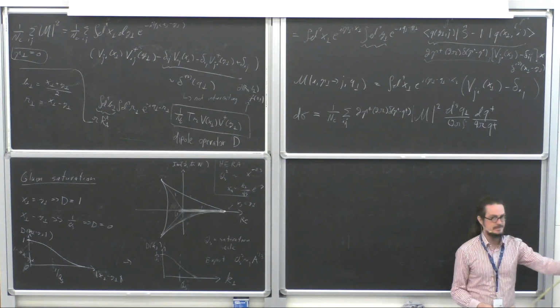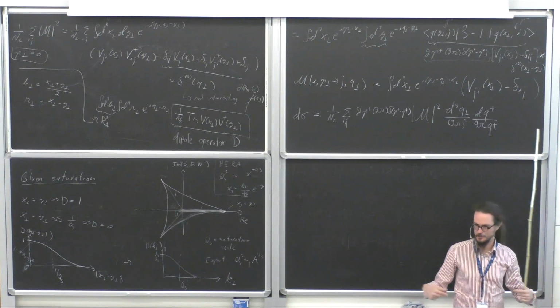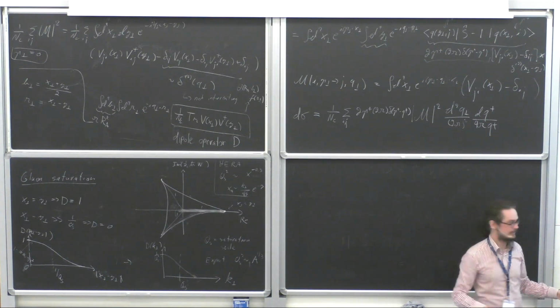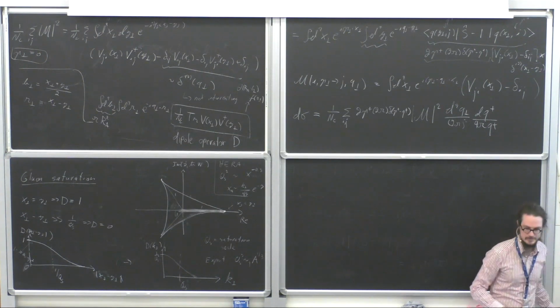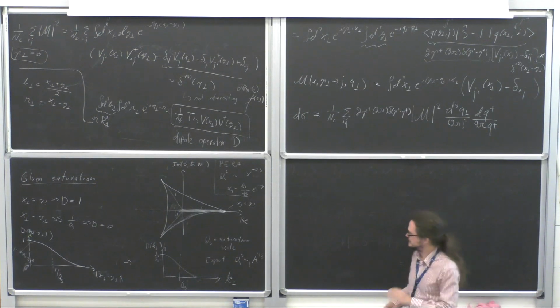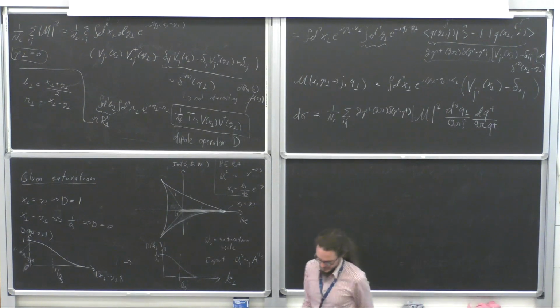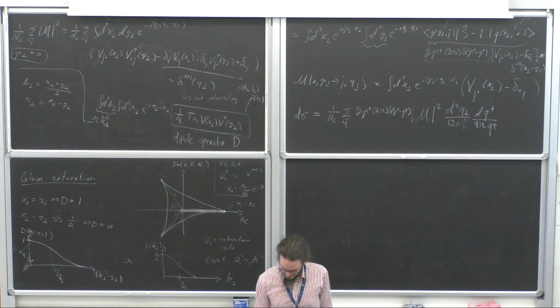The mid-rapidity is kT factorization. That's actually gluon-to-gluon scattering, which we might say a few words about tomorrow. Good. Other questions about gluon saturation?